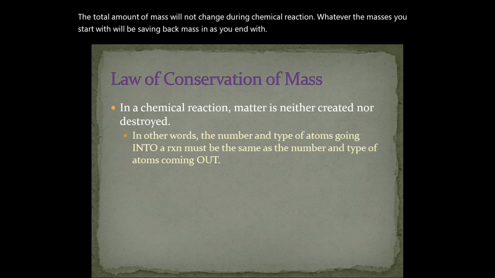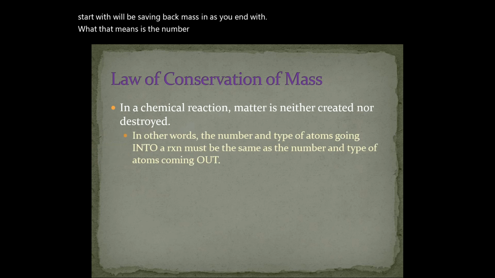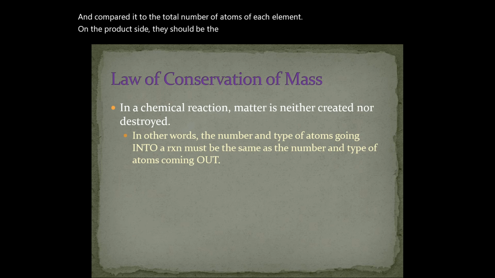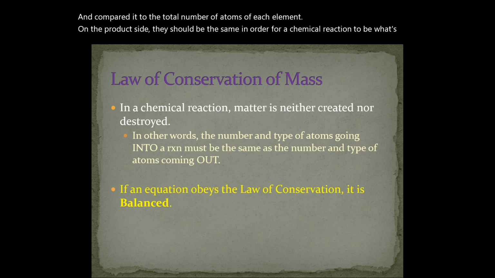What that means is the number and types of atoms going into the reaction must be the same as the ones coming out. So if I were to count up the atoms of each element on the reactant side of the yield sign and compare it to the total number of atoms of each element on the product side, they should be the same in order for a chemical reaction to be what's called balanced.